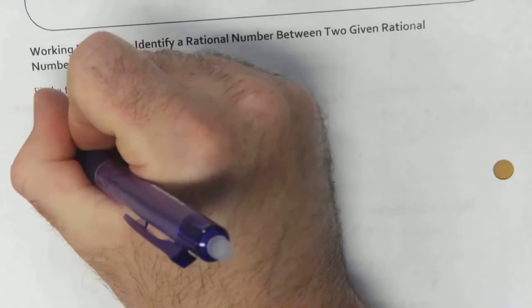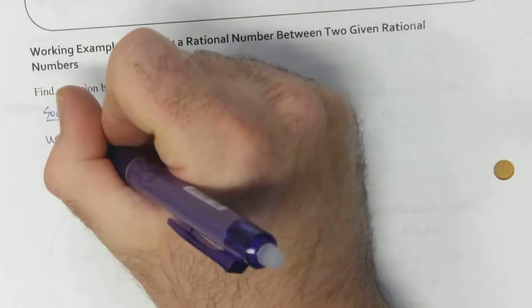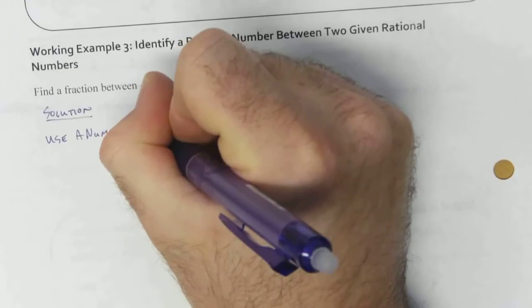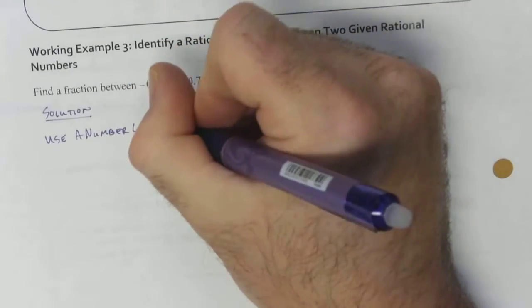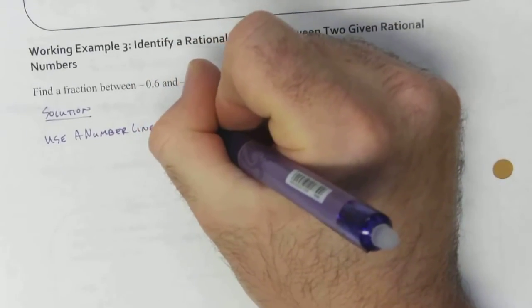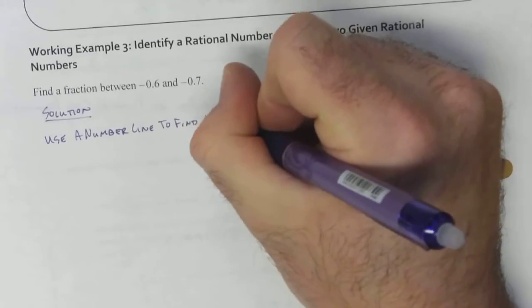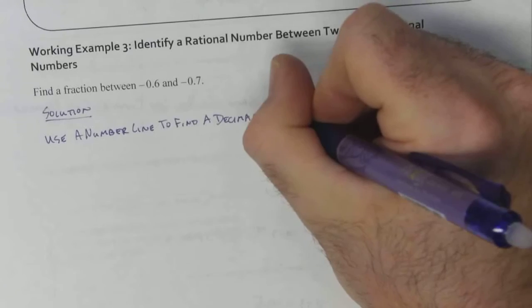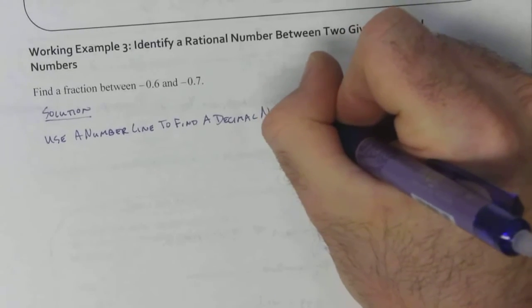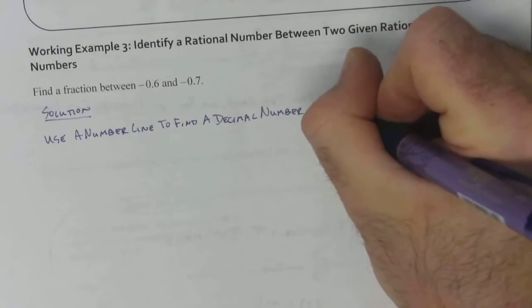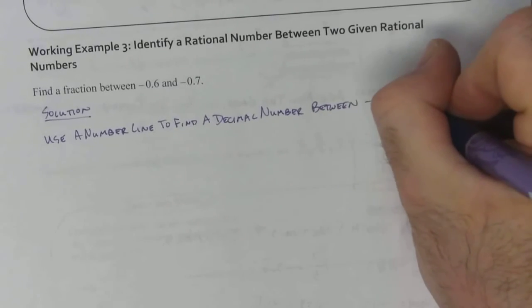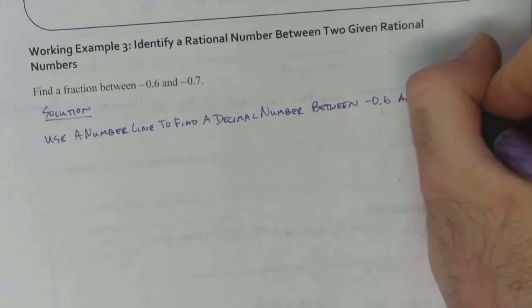You can use a number line to find a decimal number between negative 0.6 and negative 0.7.